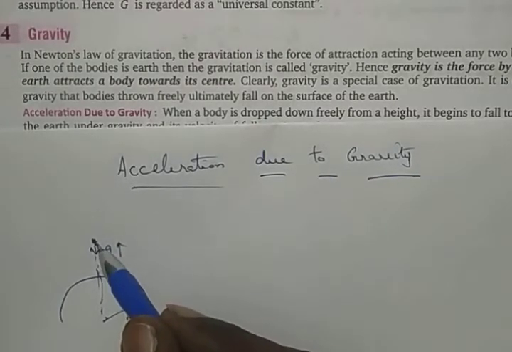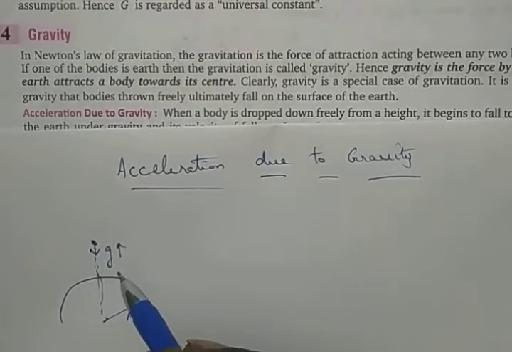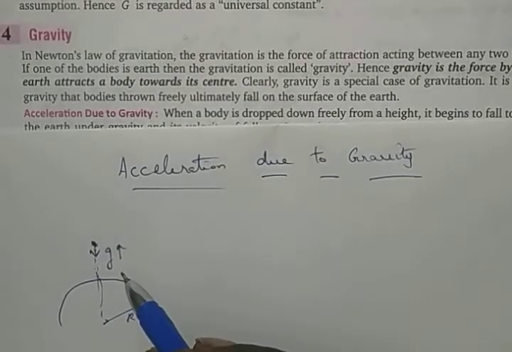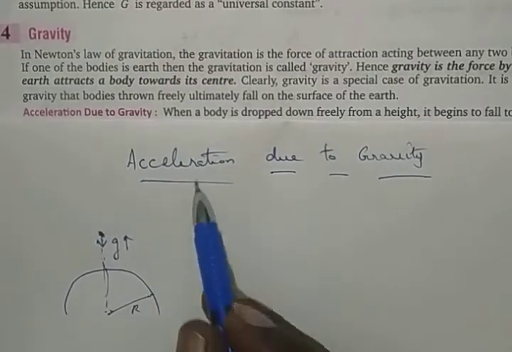When the velocity starts at rest and keeps on increasing in this direction, that means it is accelerating. That acceleration towards the center of the Earth is called acceleration due to gravity.